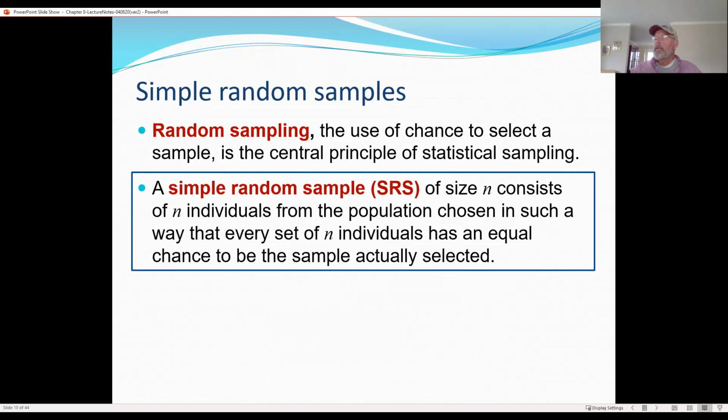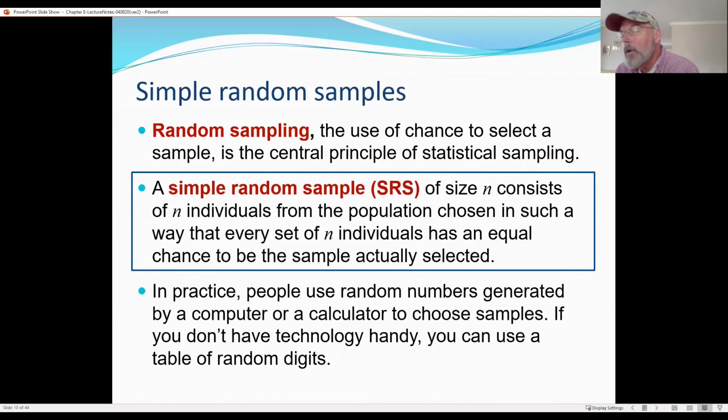And randomness is characterized by every object or individual that's part of the random sample has an equally likely chance of being selected, all right? So that in and of itself is defining randomness, okay? Every element has to be equally likely to be selected.